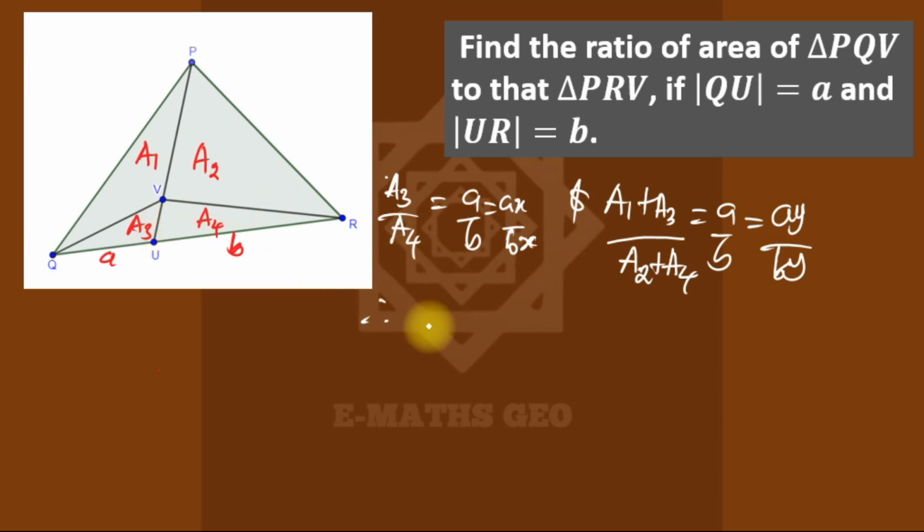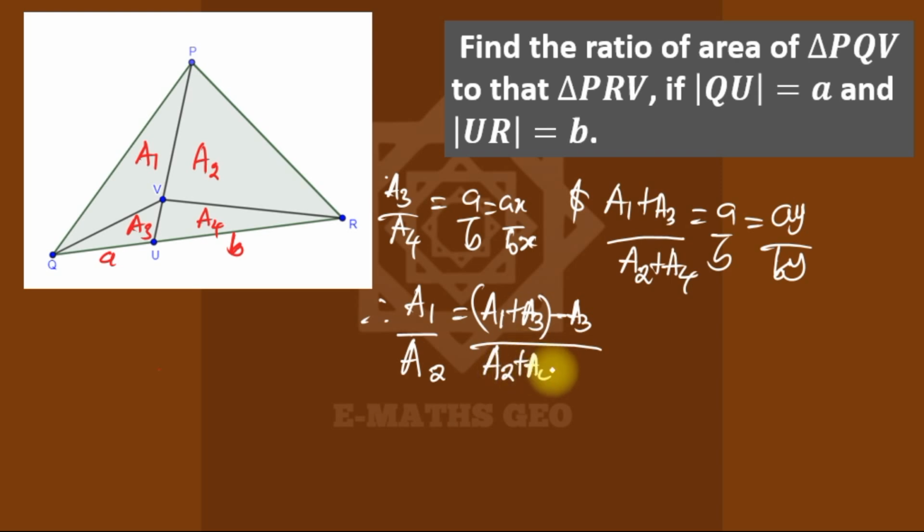Therefore, if I want to get A1 over A2, A1 is A1 plus A3 minus A3, and the same way A2 is A2 plus A4 minus A4.